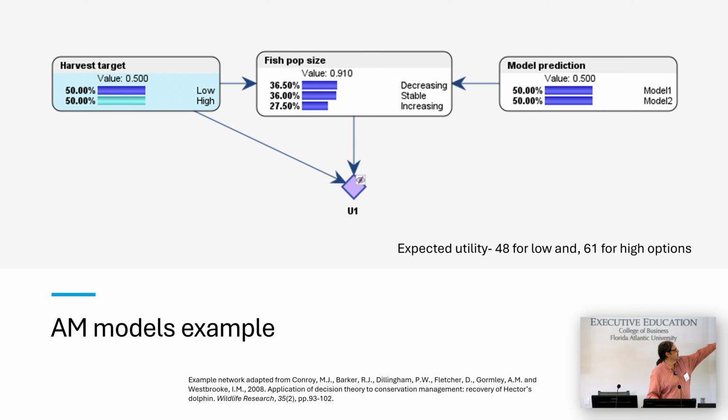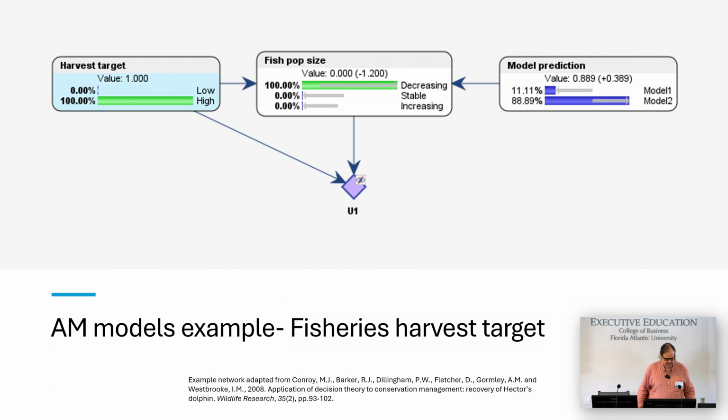There's a value scale in that utility node, and it calculates the probability and the value scale of the expected utility in BayesiaLab. Our expected utility is 48 for the low harvest target and 61 for the high harvest target. So that 61 would be the recommended decision with this model.